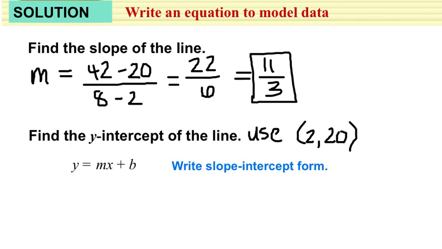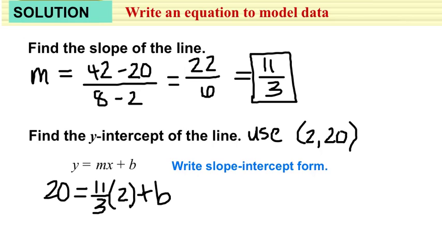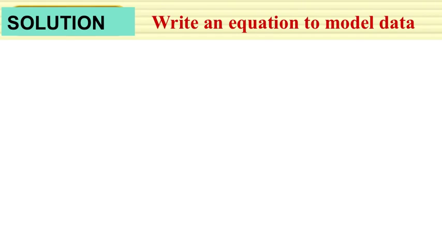So our y value here, remember, is 20. So I can go ahead and put in 20. The m, or the slope, was 11/3, and my x value is 2. So now all we have to do is simplify and then solve for b. Alright, so simplifying everything, you should have gotten a b value of 38 over 3.